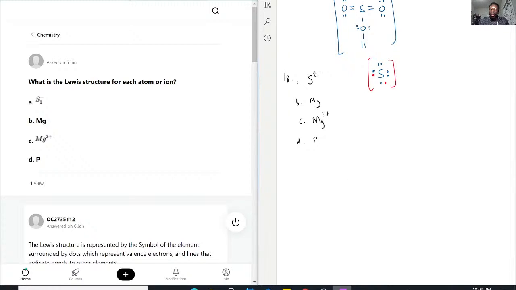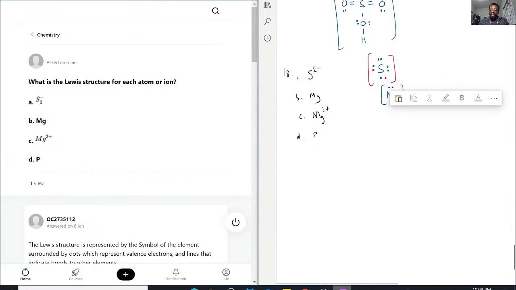Magnesium, just by itself, has 2 valence electrons. So that's M, G, and 1, 2. This will be magnesium. 2 plus, funny enough, would just be Mg and 2 plus on the outside. That's all we need to do because we got rid of the 2 electrons.